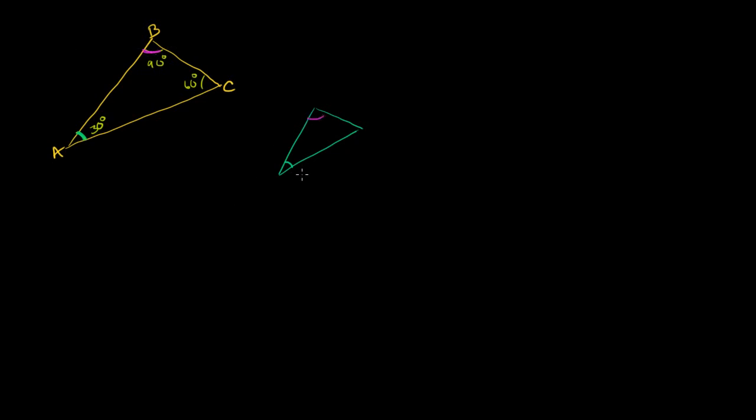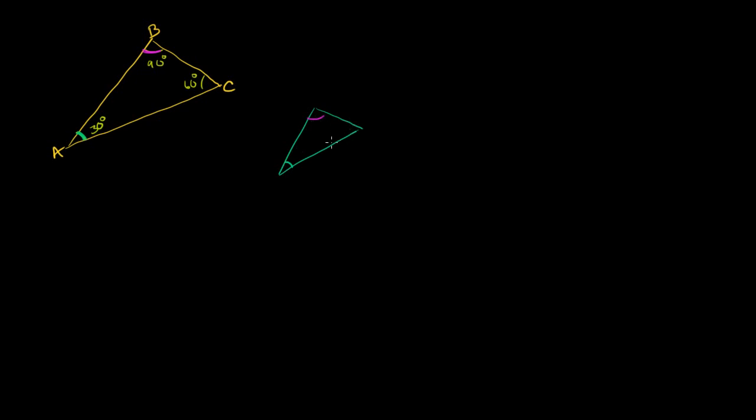Is that enough to say that these two triangles are similar? Well, sure, because in a triangle, if you know two of the angles, then you know what the last angle has to be. If you know that this is 30 and you know that that is 90, then you know that this angle has to be 60 degrees. Whatever these two angles are, subtract them from 180, and that's going to be this angle.